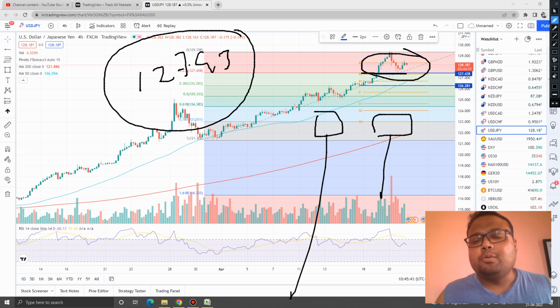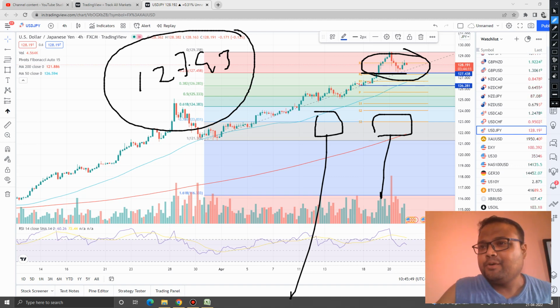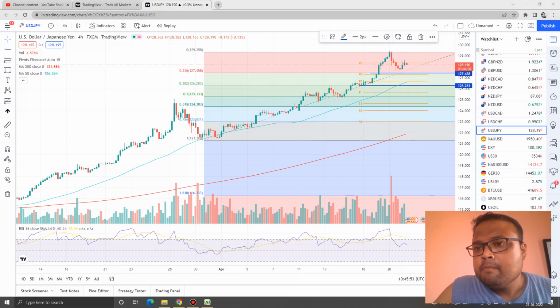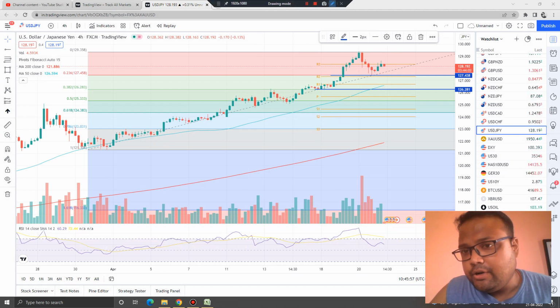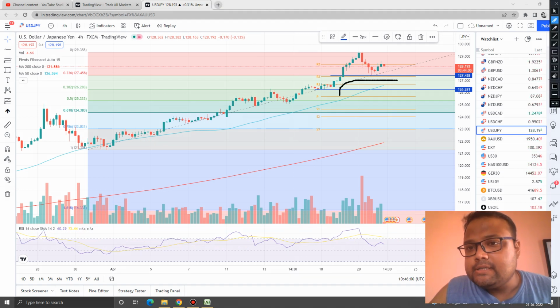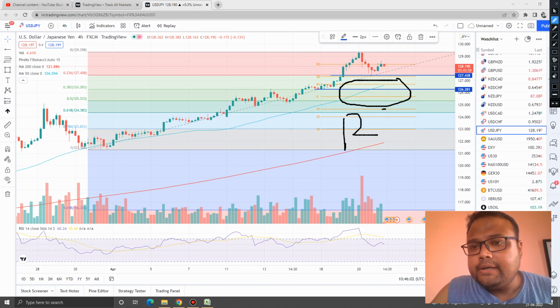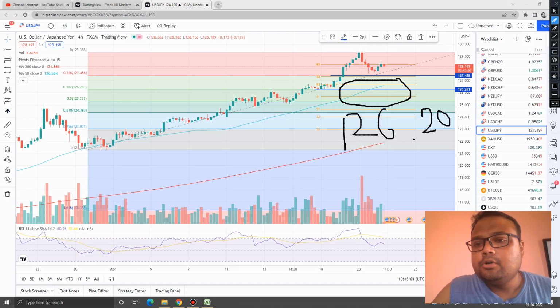But as we all know, Fibonacci 23.6% is not the strongest level. So if the market breaks 127.43, then the next buying opportunity may come at 126.20 to 126.30.